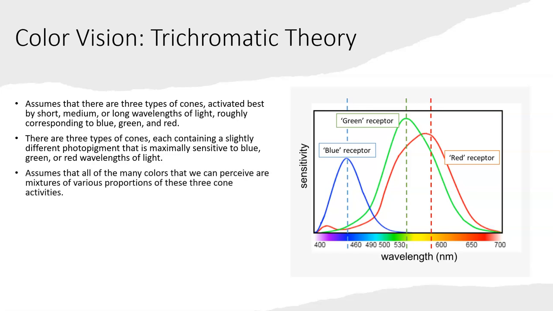This assumes that many colors that we can perceive are mixtures of these various proportions. So, a light comes in, and the ways that they vary in terms of their wavelengths, they're all going to be a bit different. Let's say it's a very, very bright red, those red cone cells are going to be highly active in sending their message.